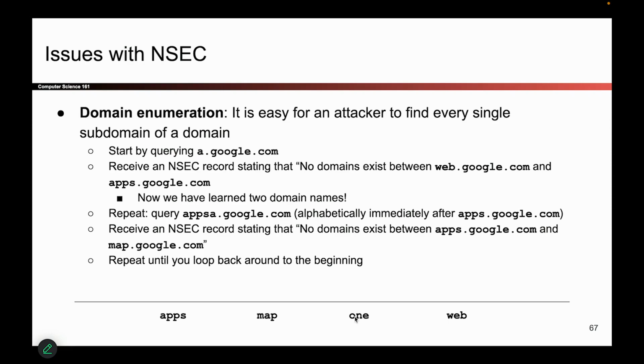And then they can ask for the IP address of 1a.google.com, learn that there's nothing between 1 and web. And since they've cycled all the way back to web, they have found all 4 of the valid subdomains of google.com. So with NSEC, a user with some patience can learn every single existing subdomain on a given domain.